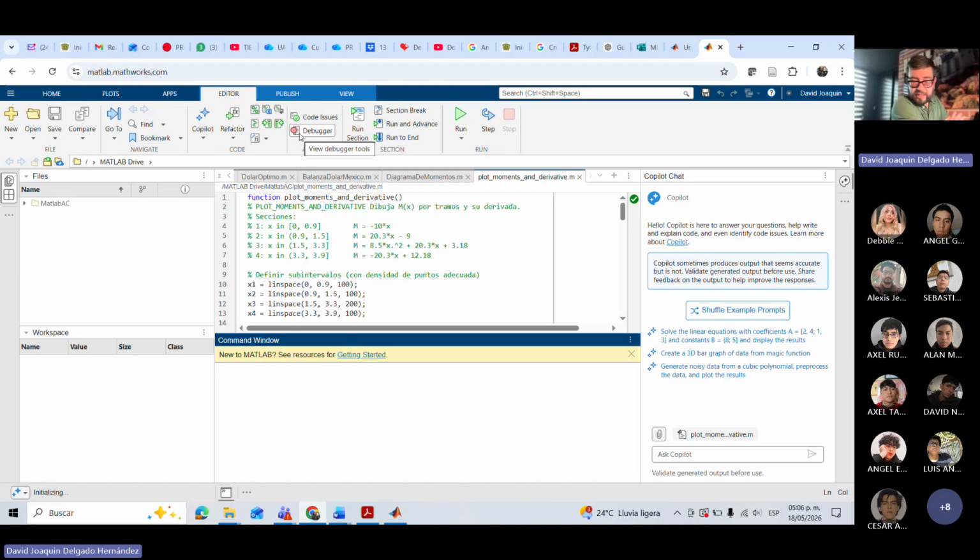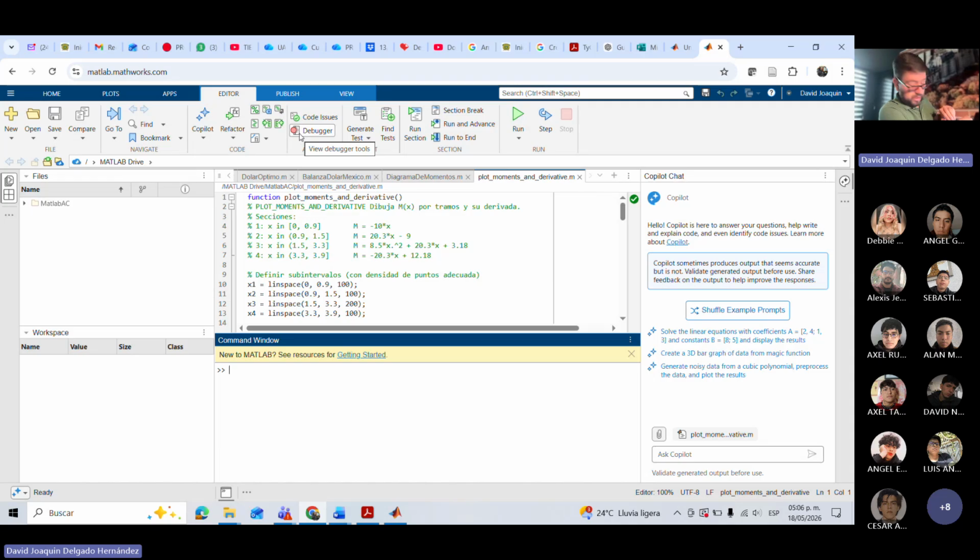And it is exactly the same. The good point about this online version is that you don't use resources of your computer because you are using this version of the MATLAB in a cloud. So all the resources are in the cloud.